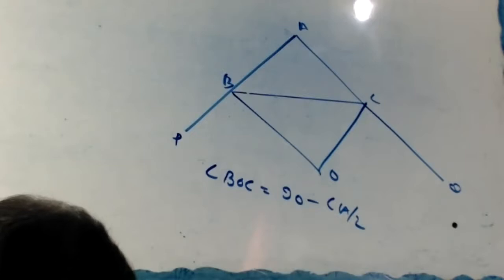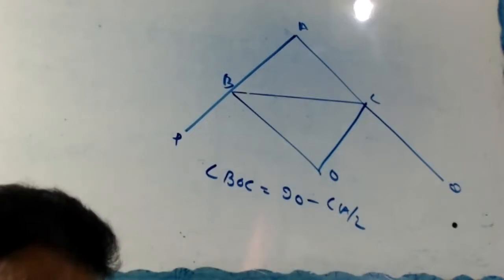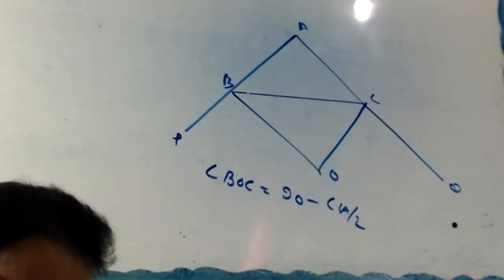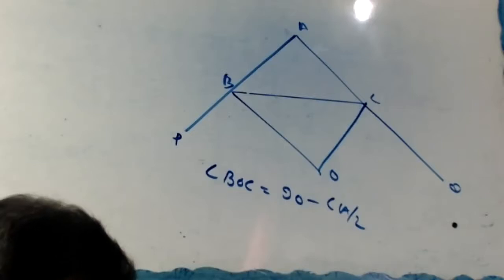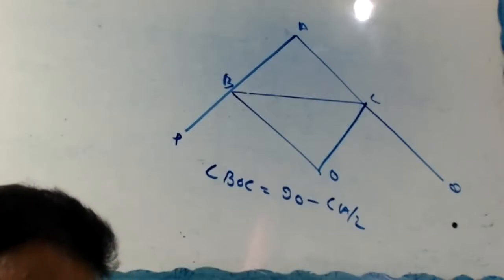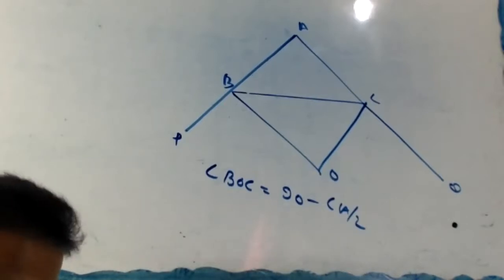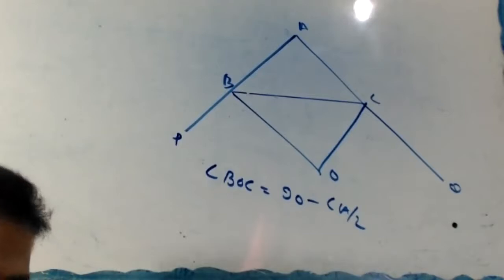The bisectors of angle PBC and QCB intersect at O. Then angle BOC equals 90 minus angle A by 2.